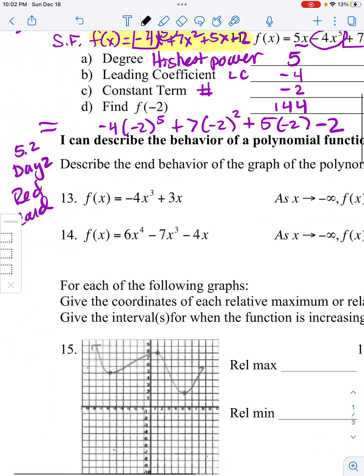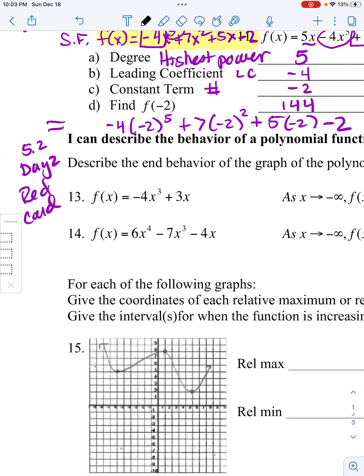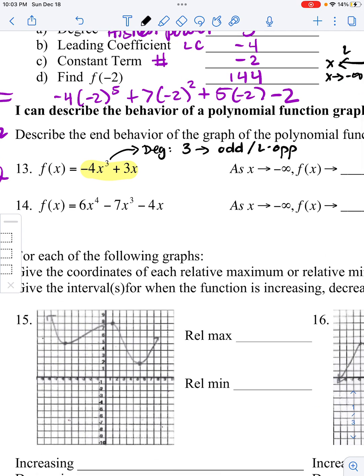So here, this is in standard form already. It's highest to lowest. What we look at is the degree. The degree is 3. Then you think through it. That's odd. That means that the left end is going to do the opposite of the right. Then you look at the leading coefficient.